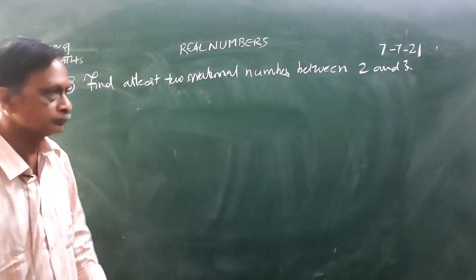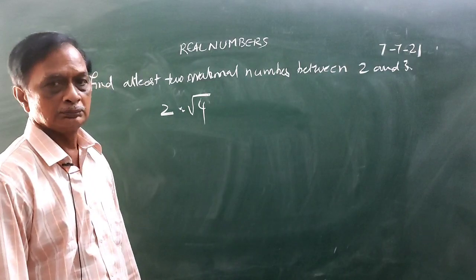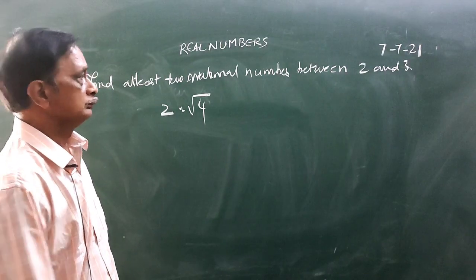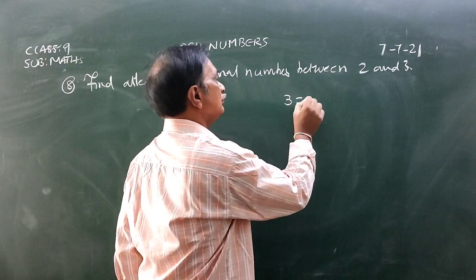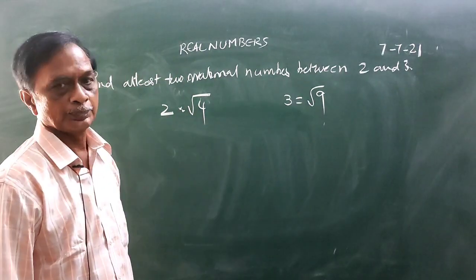We know that 2 can be written as root 4, and 3 can be written as root 9. The value of root 4 is equal to 2 and the value of root 9 is equal to 3.